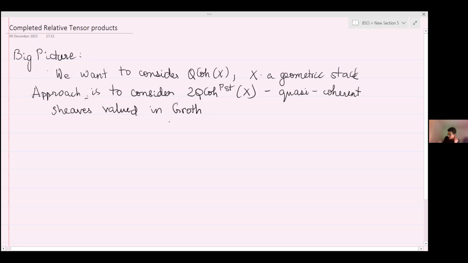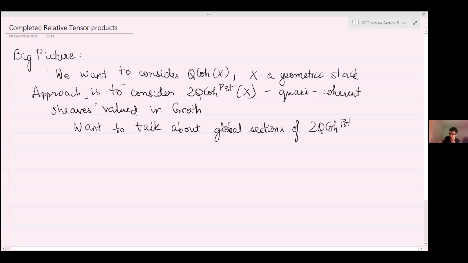One of the next things we'll be doing is to talk about global sections for a certain subcategory of this, global sections of 2QCoh^{ST,comp}(X), where the subscript comp indicates that we are considering those which are valued in complete Groth-ST prestable categories.